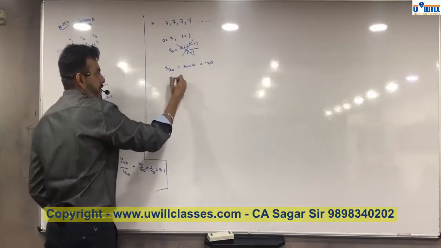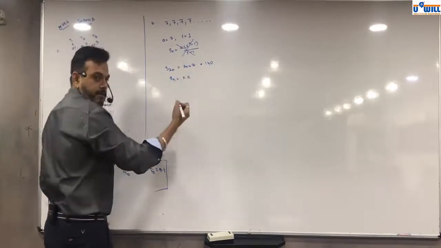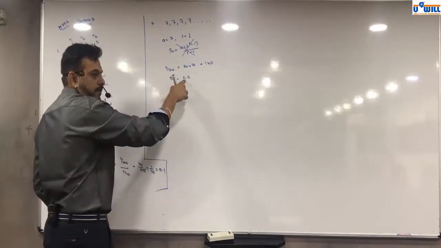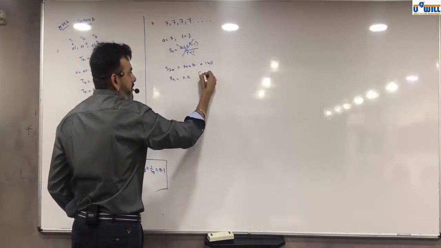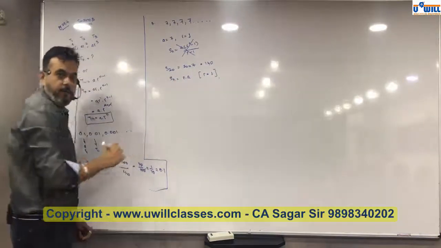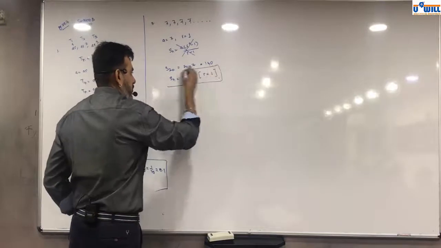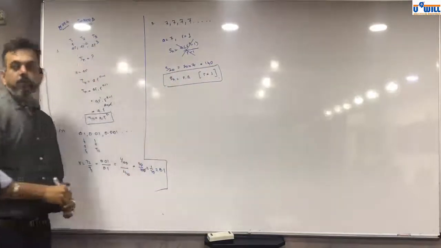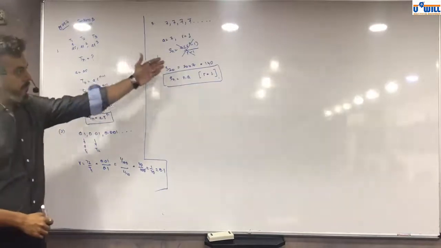The formula is Sn is equal to the number of terms into the first term. This is to be used only when R is equal to 1. It was written on the formula page, an application of it. You can manually also do it, isn't it? But we use the formula.